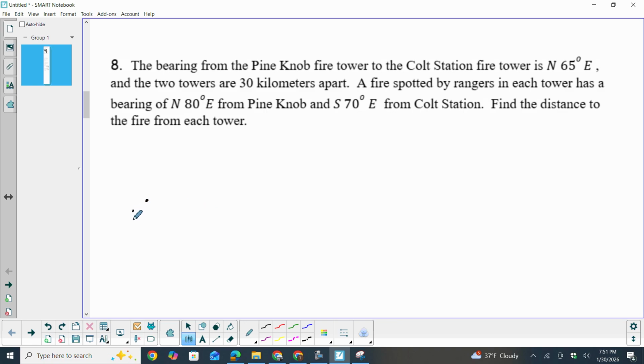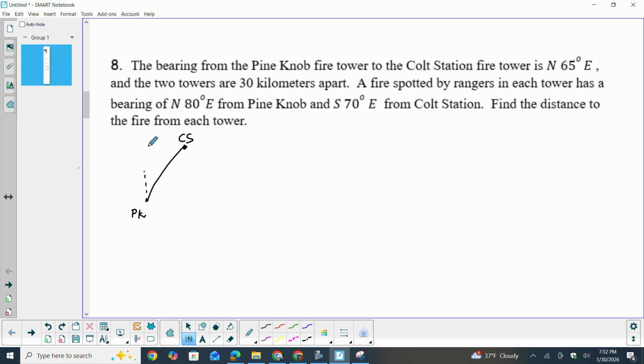So here's Pine Knob. I'm going to call that PK. Here is due north. We are going 65 degrees east. So Colt Station must be sitting up here somewhere. A fire spotted by rangers in each tower has a bearing of 80 degrees east of north from Pine Knob.